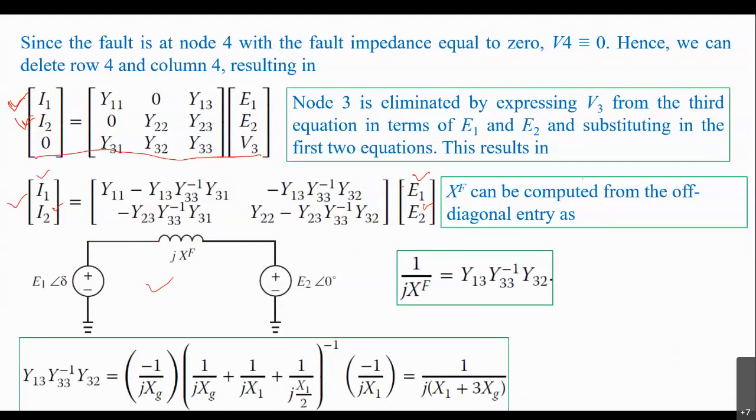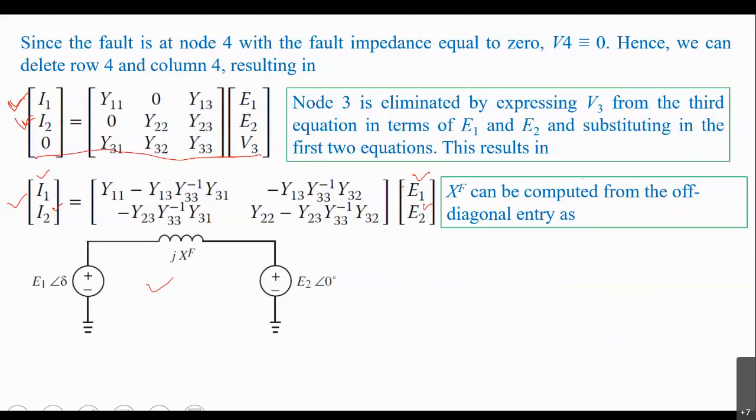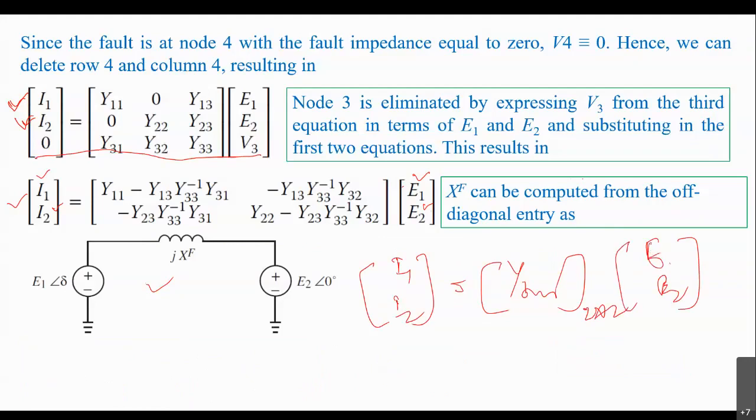I can write a 2 by 2 matrix: I1, I2 equal to a 2 by 2 Y bus matrix times E1, E2, with elements Y11, Y12, Y21 and Y22.